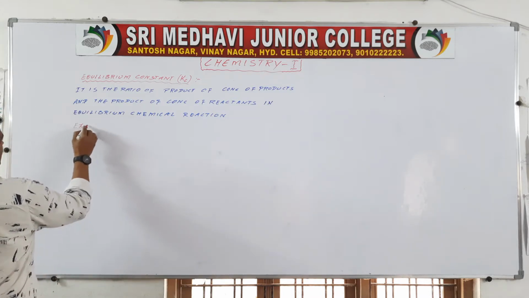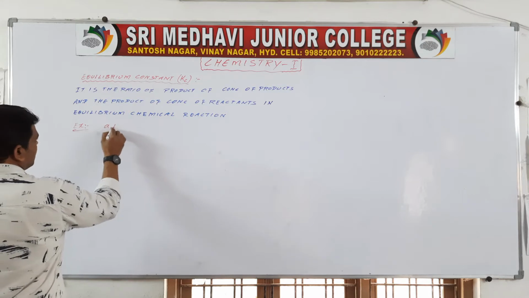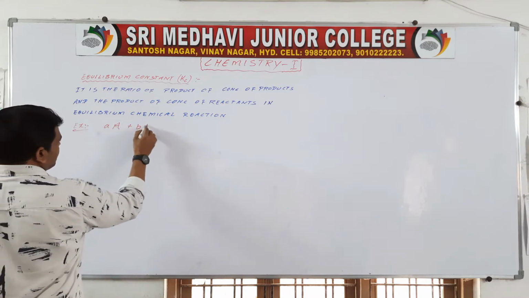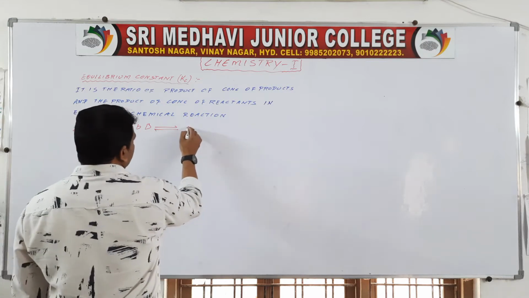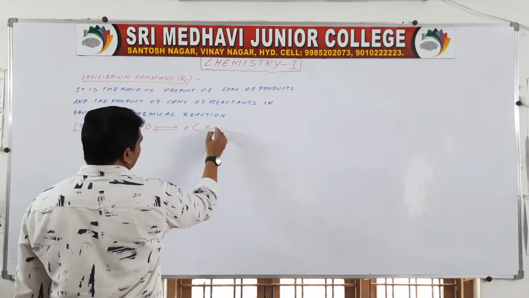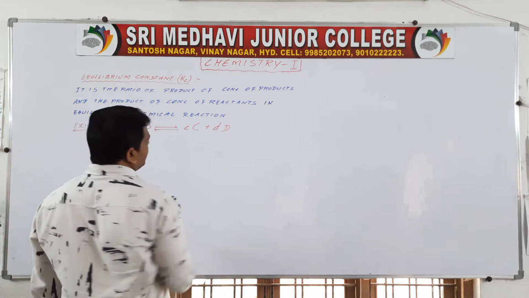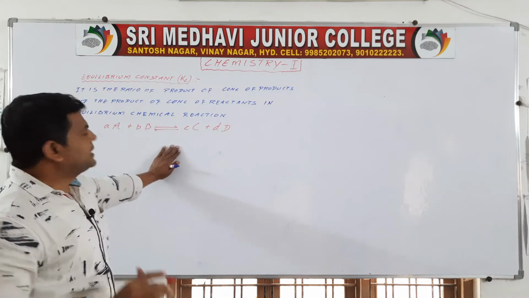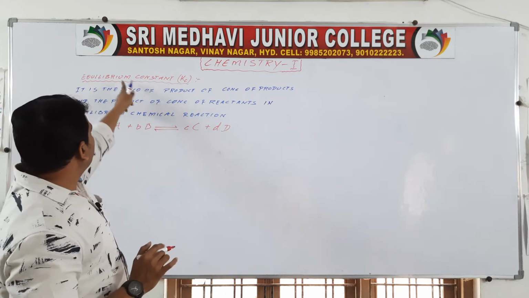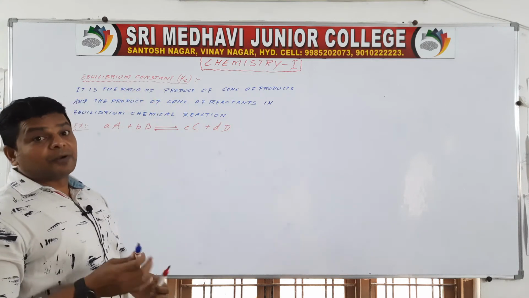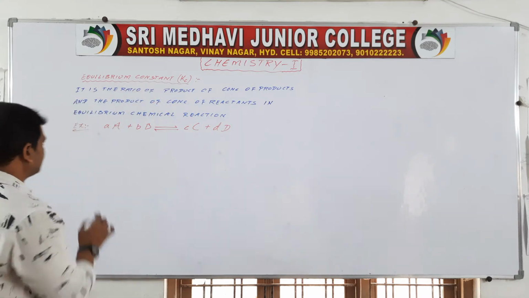For example, small a capital A plus small b capital B gives rise to small c capital C plus small d capital D. It is a reaction which is at equilibrium. For this reaction we write the equilibrium constant at concentration.